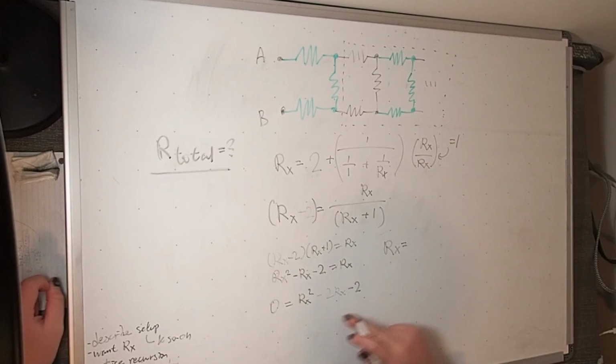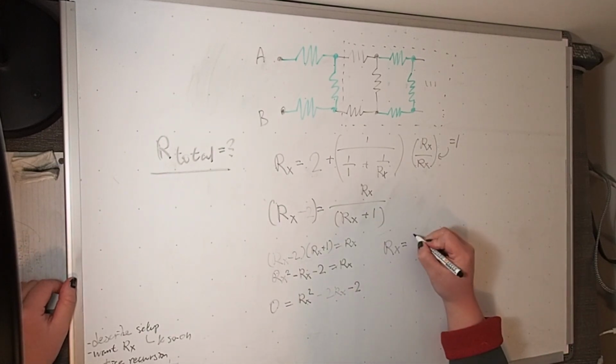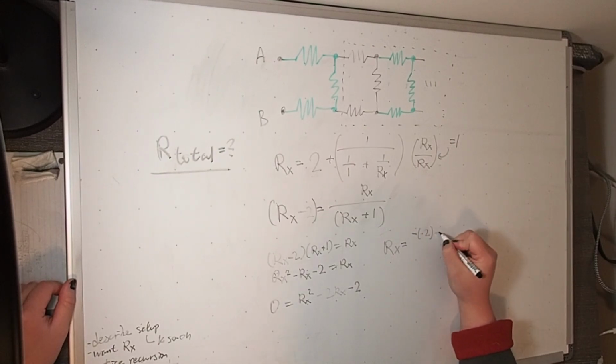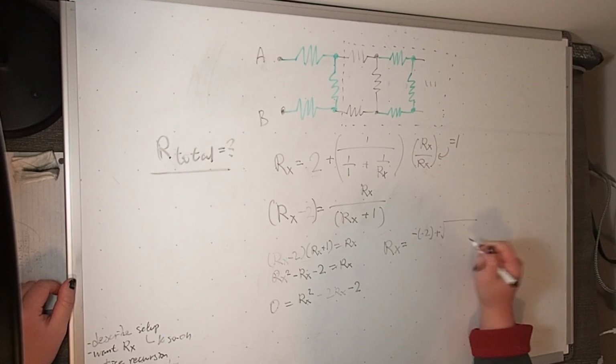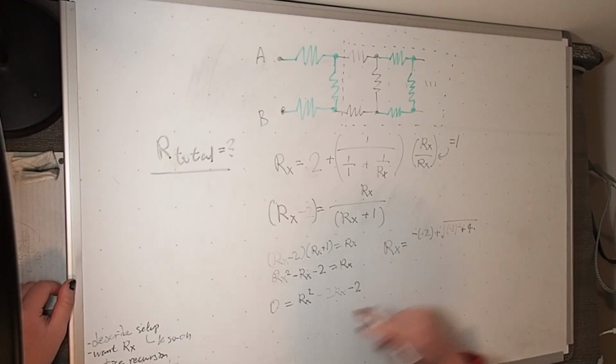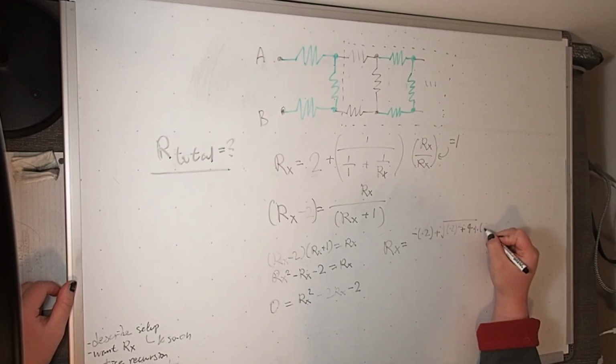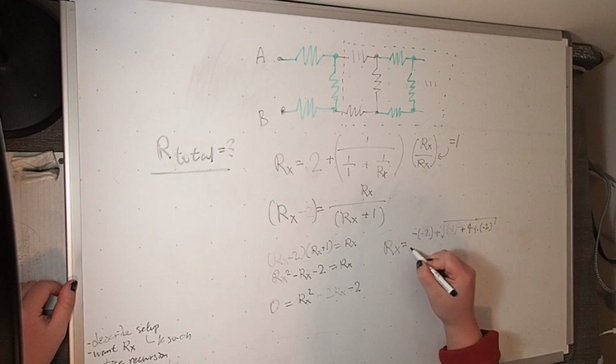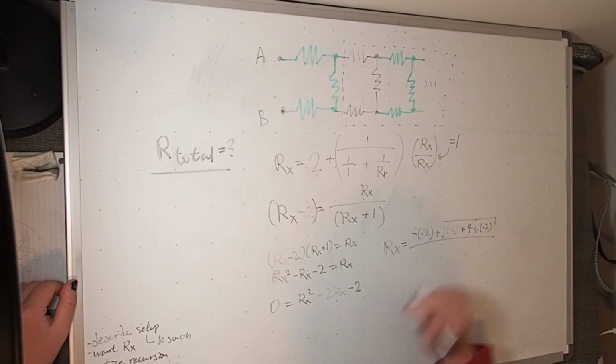So we have negative of negative 2 plus the square root of negative 2 squared plus 4 times 1 times negative 2, all over 2 times 1.